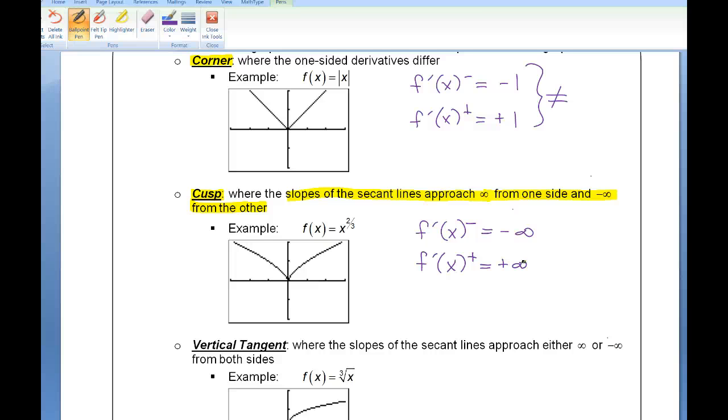It's not possible, but the slope becomes increasingly large without bound. Make sense? That's your cusp. Negative infinity is like approaching undefined. So these slopes, one's negative, one's positive, but they're becoming more and more vertical. The actual slope value is approaching infinity from one side and negative infinity from the other side. That's a cusp.